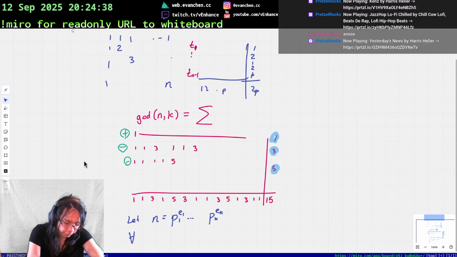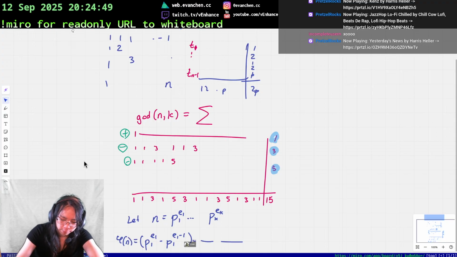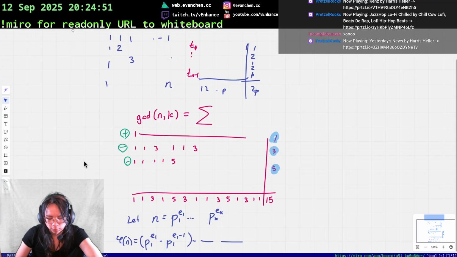Okay, in this case, we know what the answer is supposed to work out to, right? So it's like p1 to the e1 minus p1 to the e1 minus 1. So you imagine this is phi of n. It's this product. You can expand it. And the claim is that it just works. I think it just works.